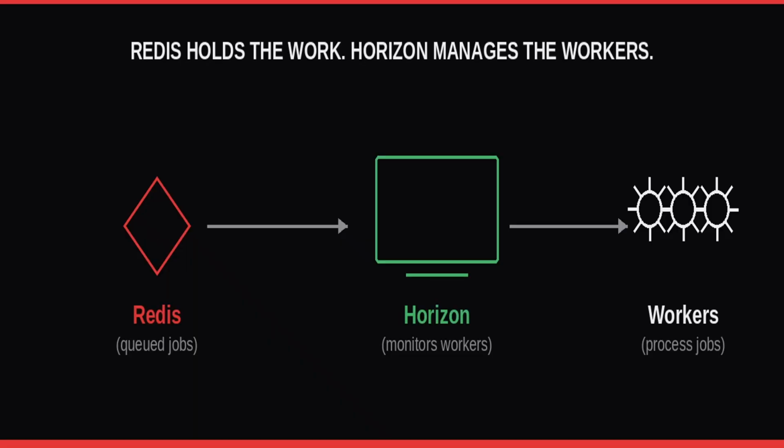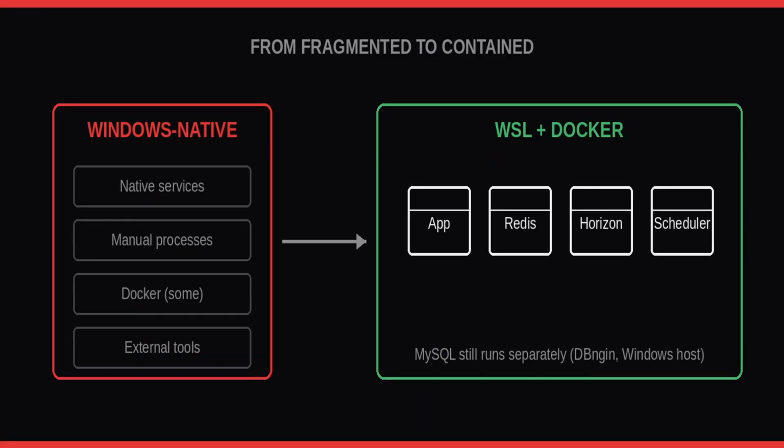So once all these, Redis, Horizon, workers, and scheduler, became part of the system, the environment started to fall apart. The real reason the environment had to change wasn't because Docker is cool and I had to containerize everything. No, the real reason it had to change was because there were too many moving parts in the system managed in too many different places on Windows.